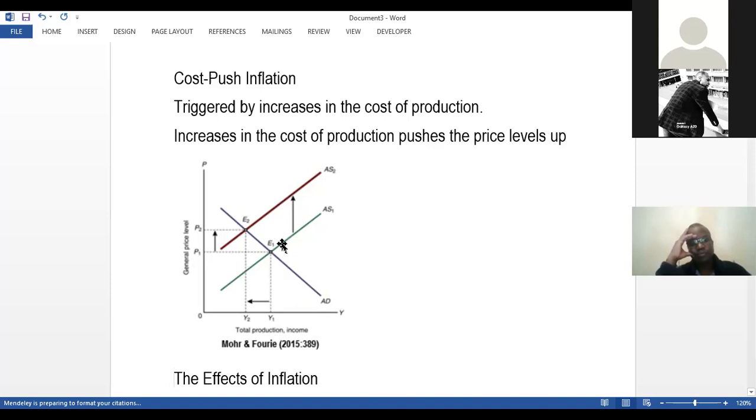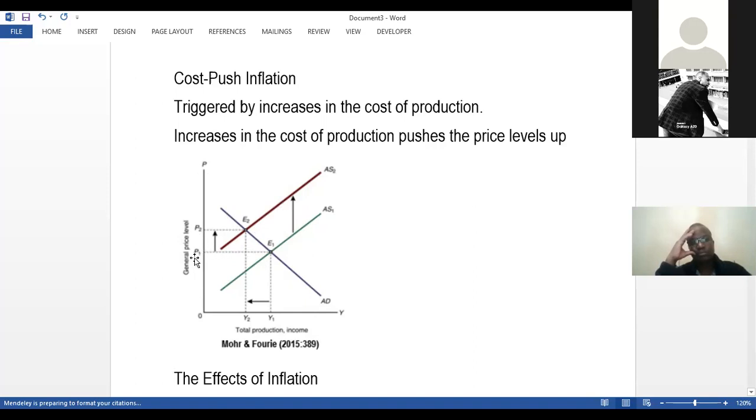So the equilibrium here would change from E1 to E2. Or rather, explaining it in a different light, what would result in the increase in the cost of production or in the general price levels to increase is the change in the aggregate supply, which would result in the new equilibrium level shifting from E1 to E2, as you can see here.